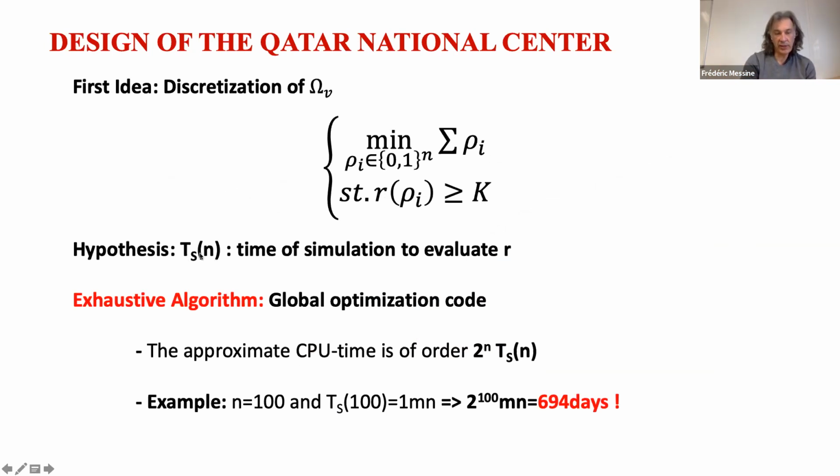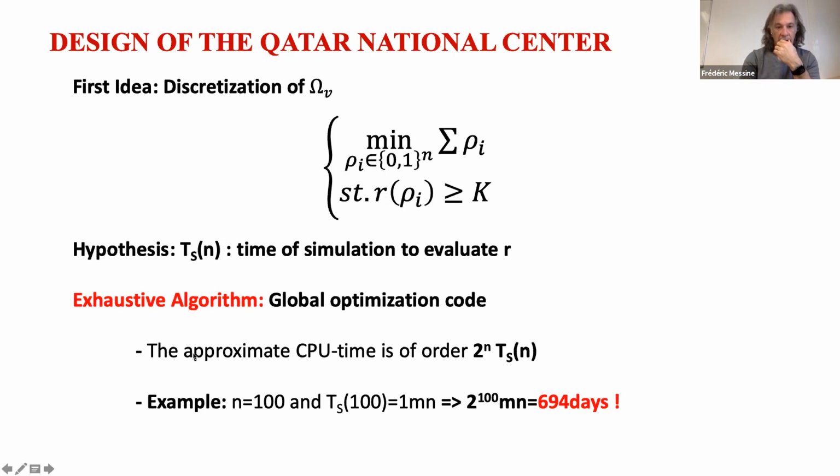So the hypothesis is the simulation time, that I denote TS. N is the number of points that you have, maybe great, about 1 billion, like for the case of Boeing wings. If it's a bit large, that can change a bit the time of simulation, but otherwise it's about the same.